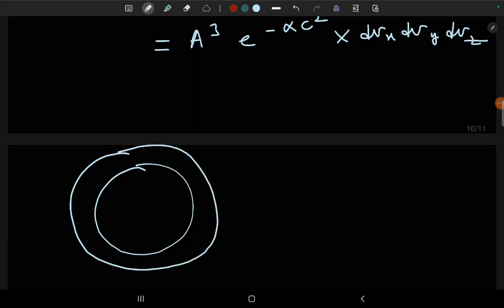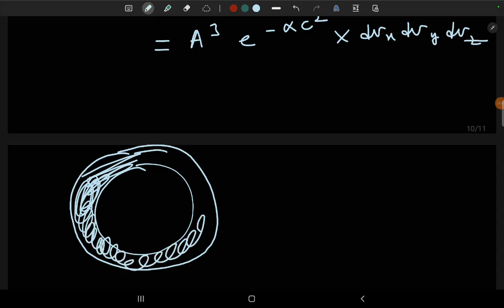This will result in the shape of the volume wherein all our velocity vectors will lie. All our velocity vectors will lie between this ring like shape, and the volume of this infinitesimal shell will be given by dv shell.